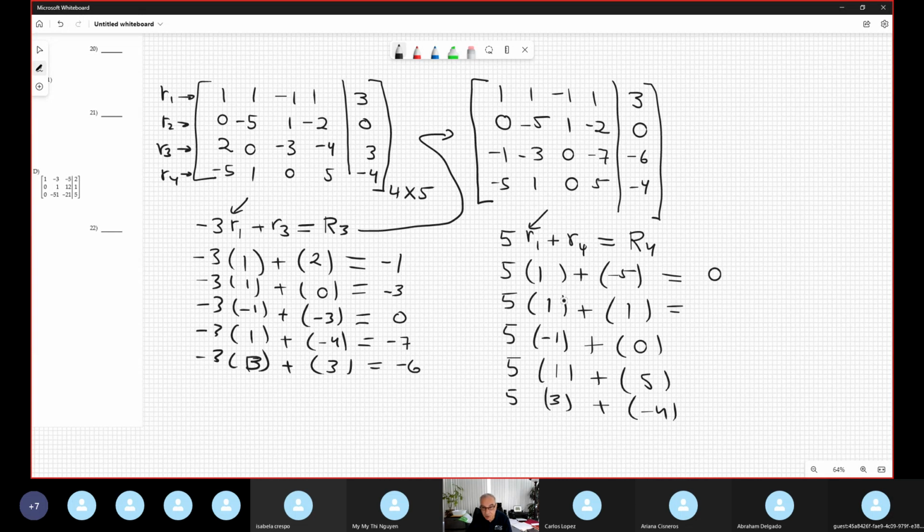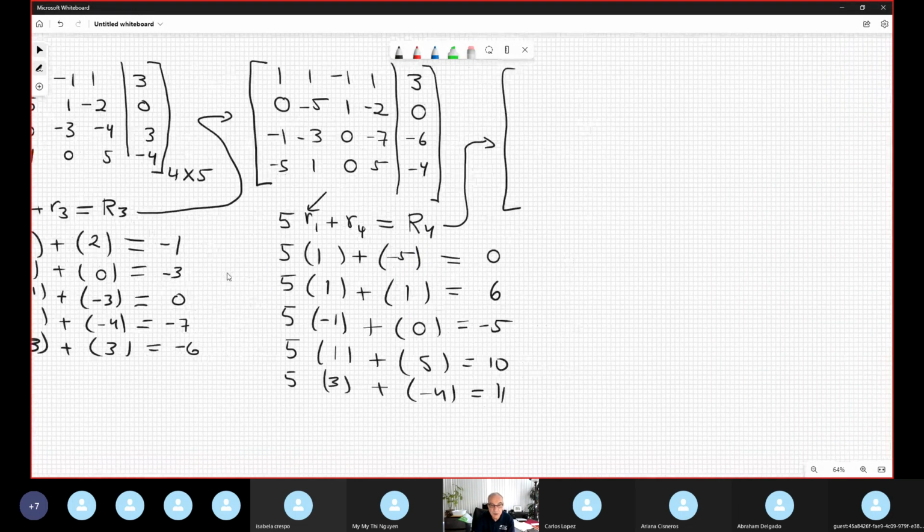This is 0, it's obvious. This is 6. This is negative 5. This is 10. And this is 15 minus 4, 11. Okay, so after this transformation I change row 4.